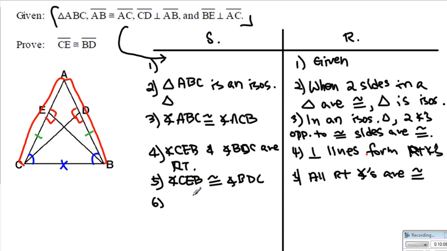Then number 6, one more thing that you can write is CB is congruent to CB. Reasoning number 6 will be reflexive.